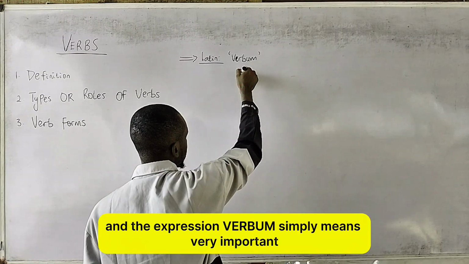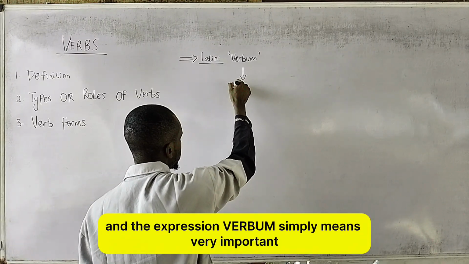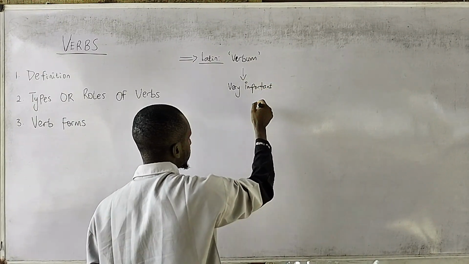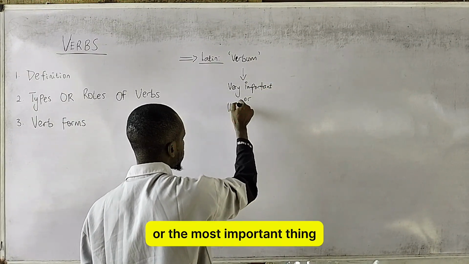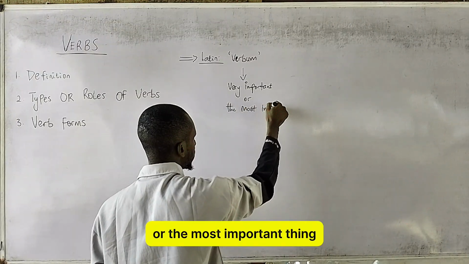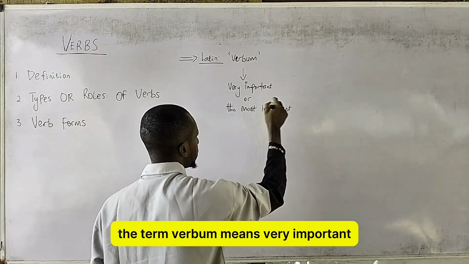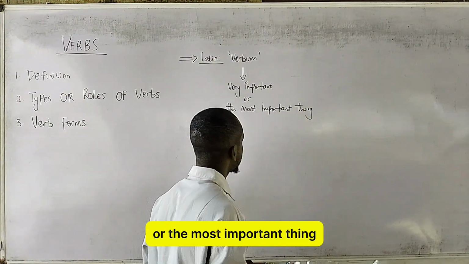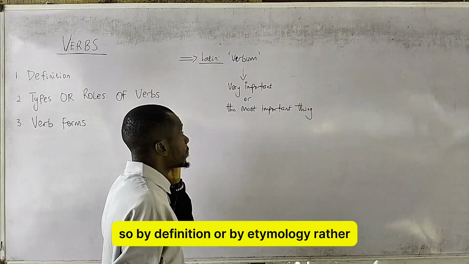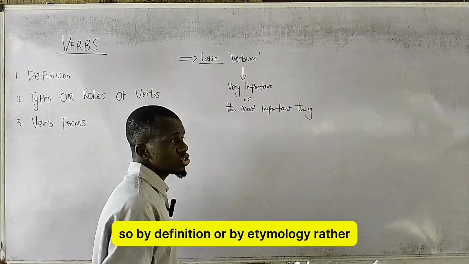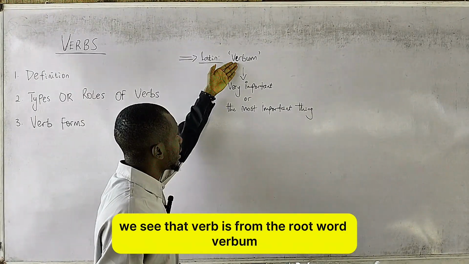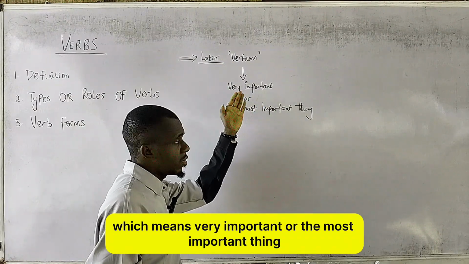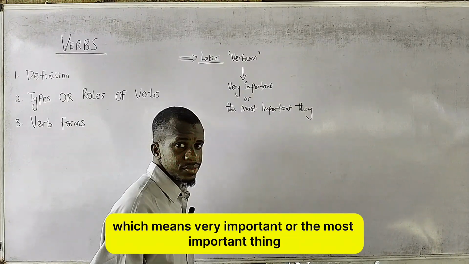The expression verbum simply means very important or the most important thing. So by etymology, we see that verb is from the root word verbum, which means very important or the most important thing.